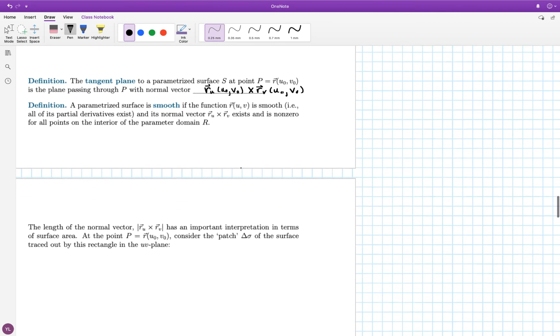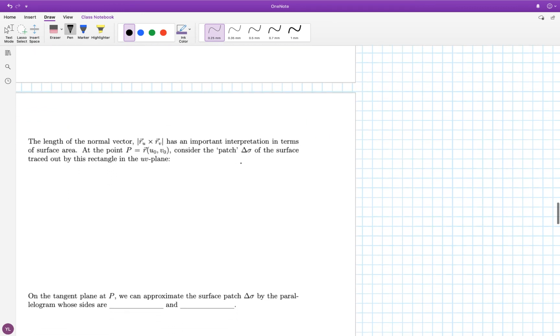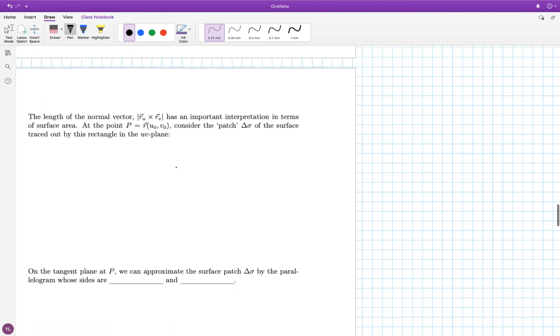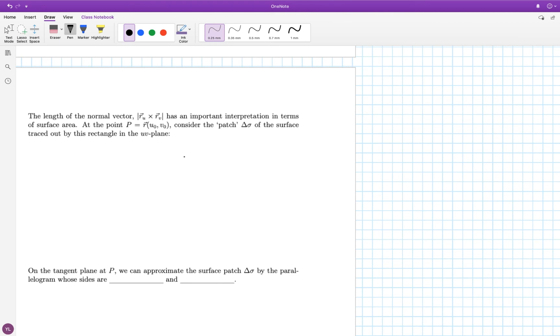So let me proceed thinking about a surface that satisfies that, and let's think about how to compute surface area using a parameterization. And this is going to be a fundamental concept, not just to compute surface area, but also to develop the notion of a surface integral.